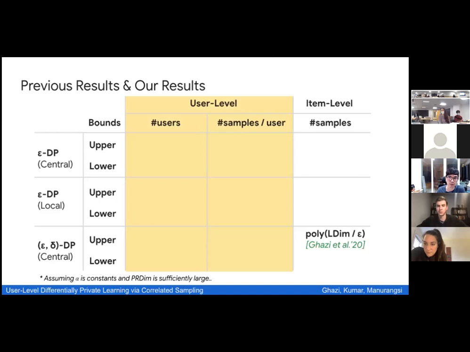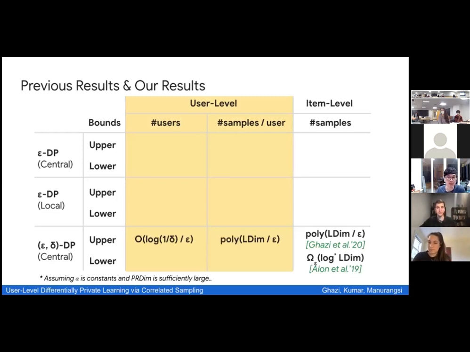So it's not too important to fixate on the actual definition. It's also known that a lower bound of log star Littlestone dimension holds. So in some sense, the Littlestone dimension characterizes the learnability under epsilon-delta DP, although the quantitative gap between the two is still fairly large.